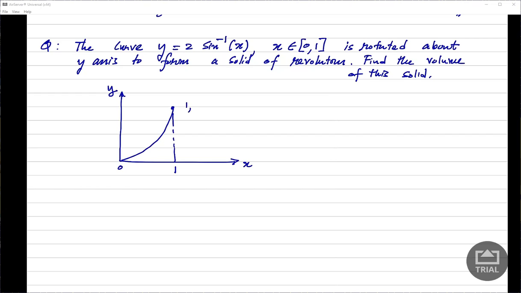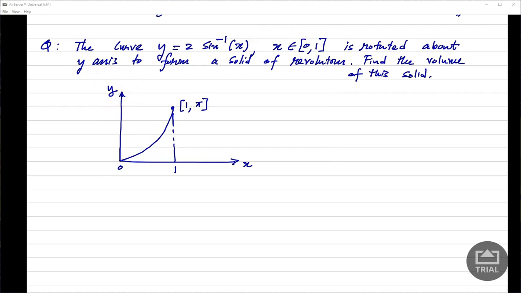If you put 1 there, sine inverse 1 is pi divided by 2. Pi divided by 2 times 2 is pi. So this is your upper boundary, this is your lower boundary, 0. And this is revolving around the y-axis. So it's going to be like that, right? So you need this guy.